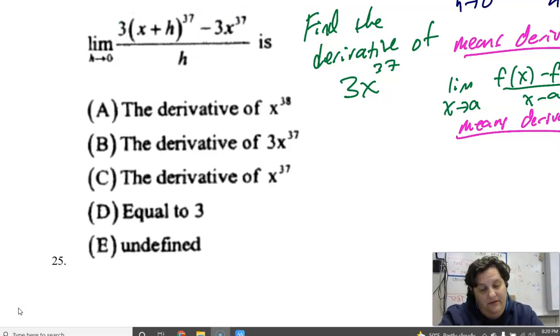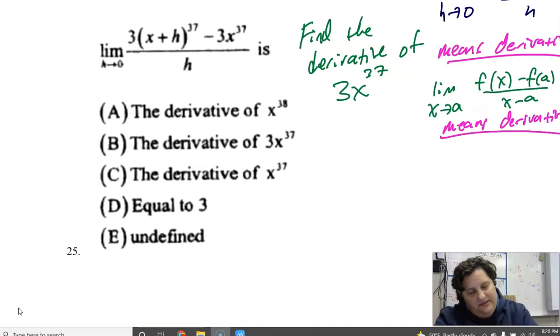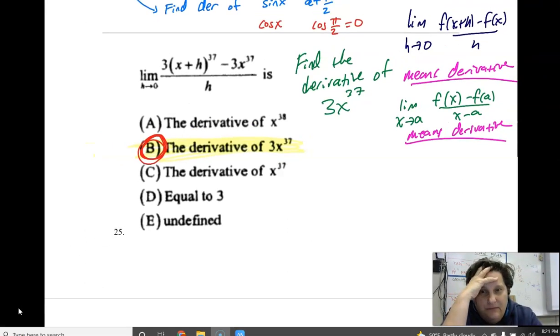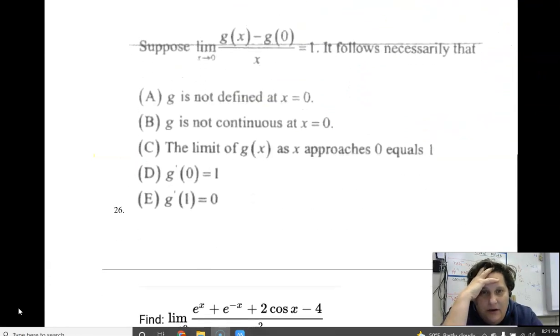What's the derivative of 3x to the 37th? Oh, now, it's not even making me find it, I guess, because what's 3 times 37? But it's basically saying this is the definition of the derivative at 3x to the 37th, right? So it just wants to see if you recognize what the equation is that's inside of that. Okay?